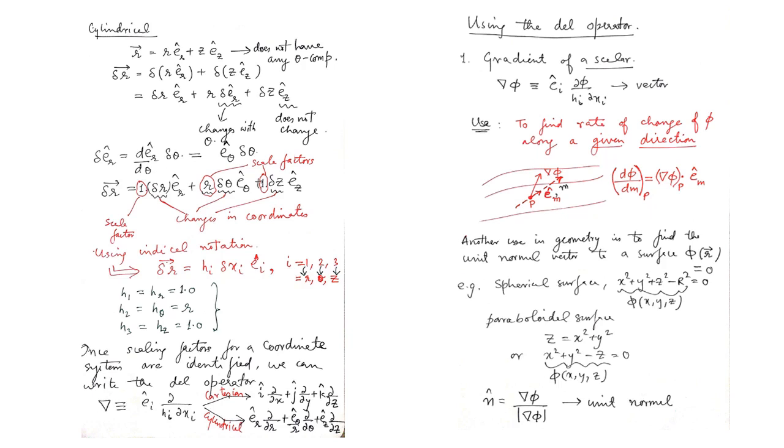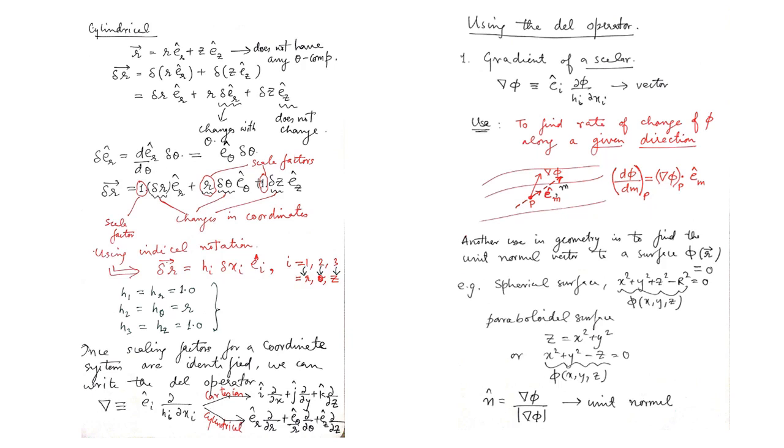So this direction is fixed. I am interested in finding that if I move along this dashed line, which has a direction specified by the unit vector e_m cap, then how fast my property phi, or the scalar phi, changes along this dashed line or direction. So this gives you a sort of directional derivative of phi.